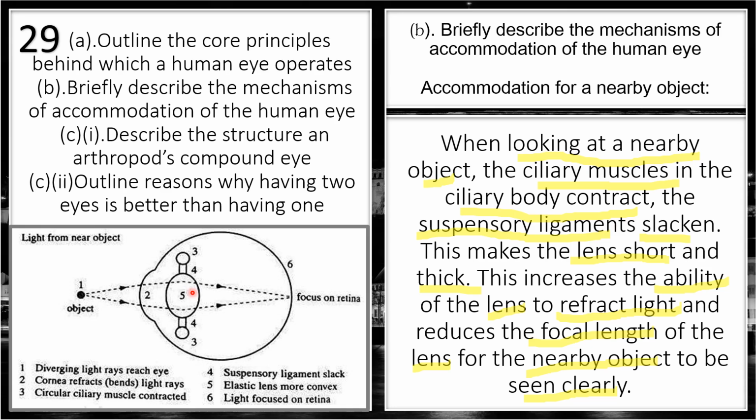It becomes convex. This increases the ability of the lens to refract light, bend the light more, and it reduces the focal length of the lens, thereby focusing the nearby object's image onto the retina.